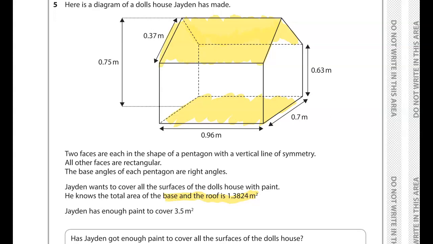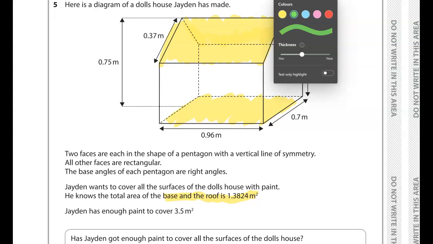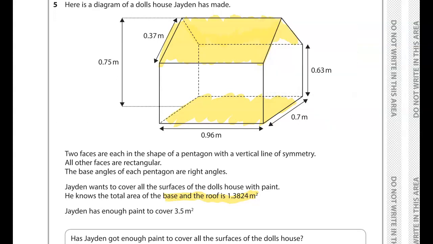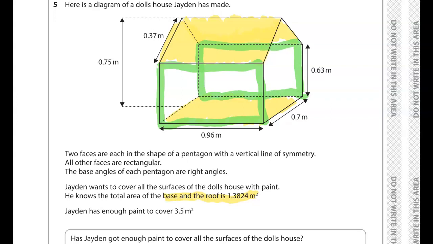So what we need to work out is this side here, and that matches with this. So we multiply it by 2. And then we've got the two pentagons. But let's just work out this side first.